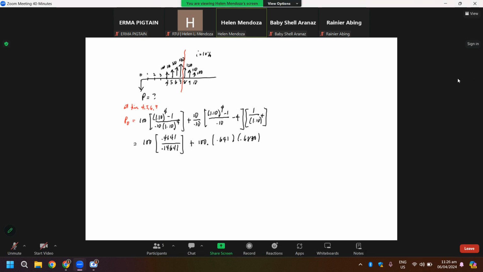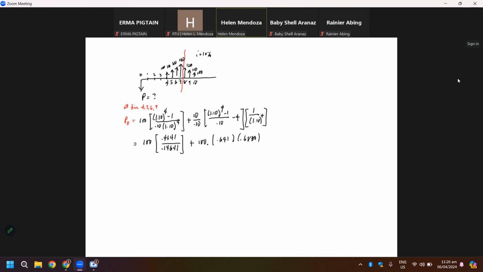Since we would like to take the value at time 0, then all of these values must be discounted to time 0. So therefore, we would have the multiplier 1.1 raised to negative 3. So this one, again, would also be multiplied by 1.1 raised to negative 3. That is, we discount values.